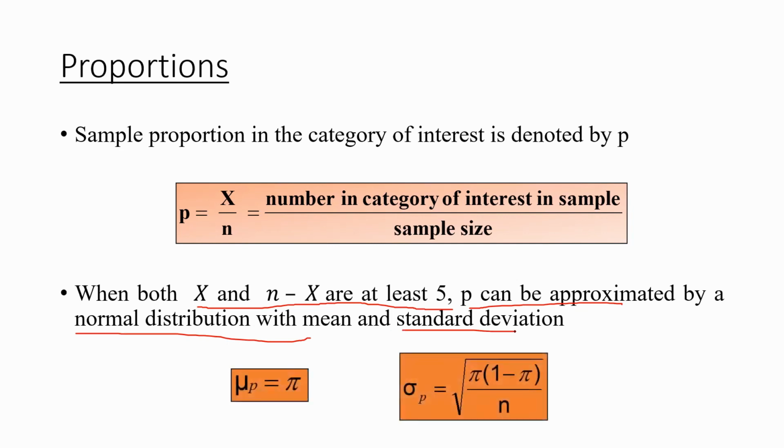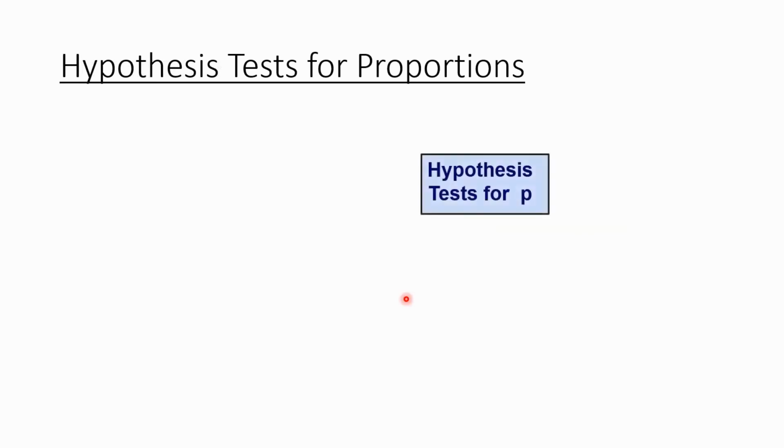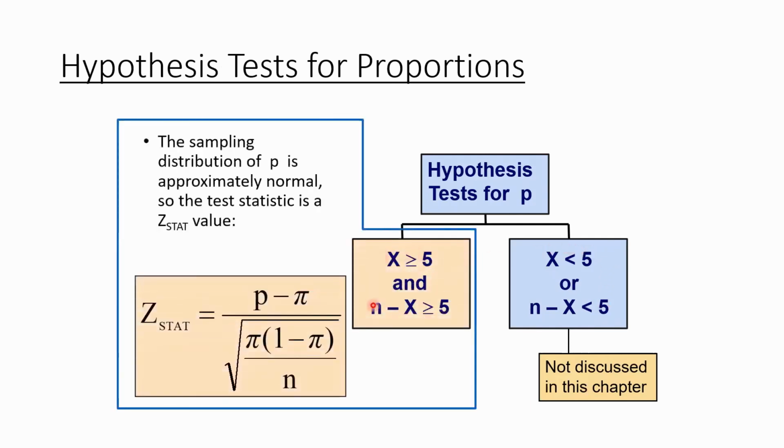So when you're given a hypothesis testing for population proportion problem, you must check these two conditions. Under hypothesis testing, you have two areas, but we will be discussing only one. One is when these two conditions are not met, which is not discussed in this chapter. What we are discussing is only the case where those two conditions are met, where x and n minus x are at least 5.